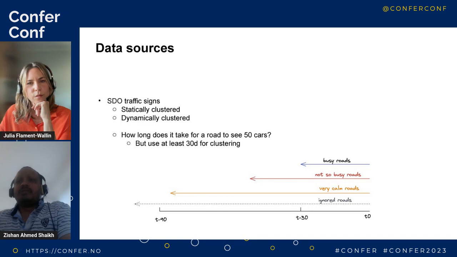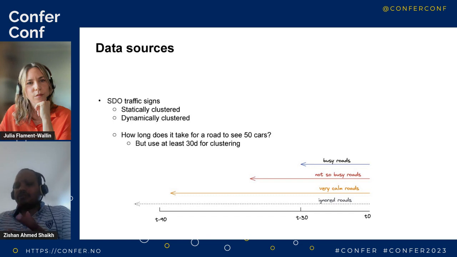But the issue which we faced over there was that if the time period was too small, not every road, especially the less busy roads, was included in these windows. So we didn't have, let's say, 50 cars in those windows within the 7 days. Whereas if the window period was too big, let's say like 60 days or something like that, the advantage would be that we'd have all of these roads.